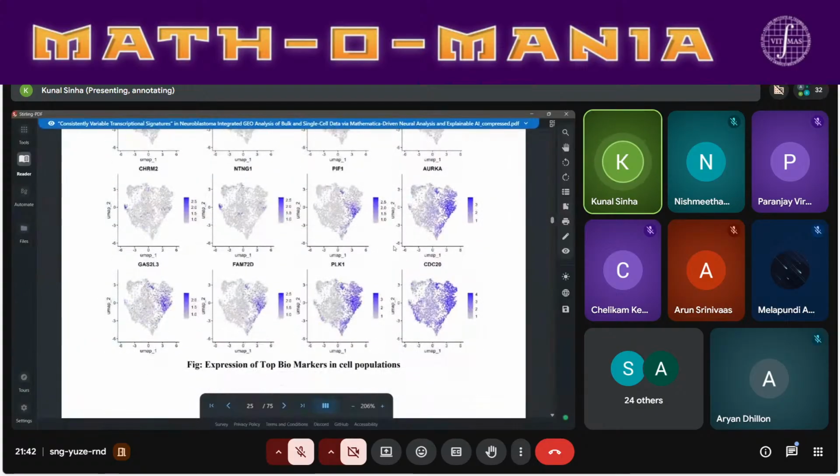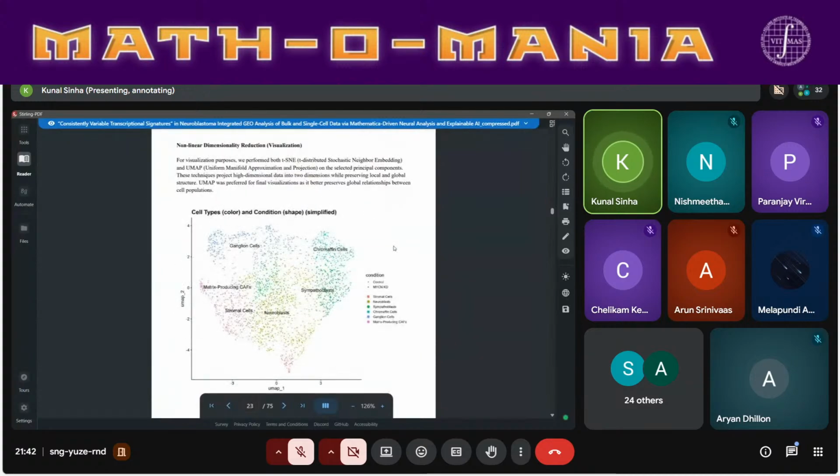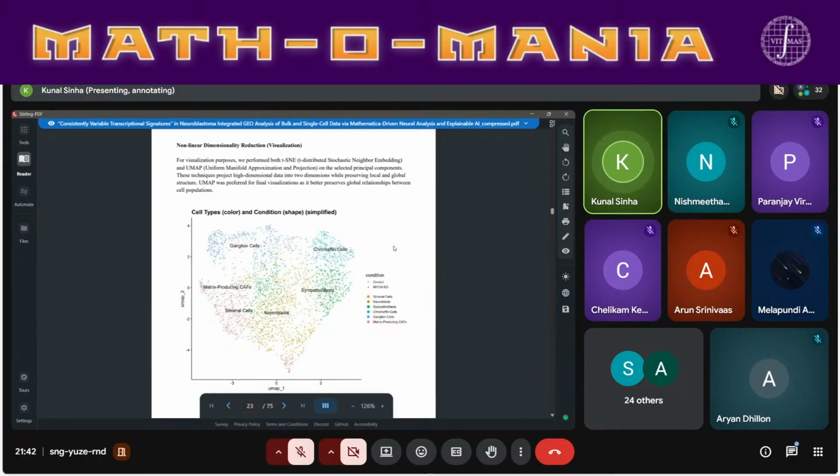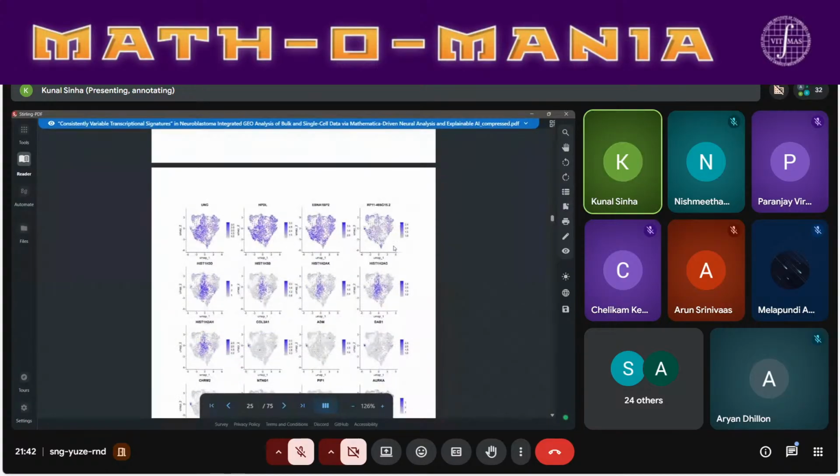Now this is another very interesting graph. Suppose you remember PCA I told you about, right? Principal component analysis. After PCA, we reduce the number from 10,000 or 20,000 genes to 50 or 100, whatever the computer can calculate. It's usually 50. Now those 50 dimensions that we got, we need to reduce to 2 dimensions, because humans can't see beyond 3 dimensions, and we really don't want to complicate the data.